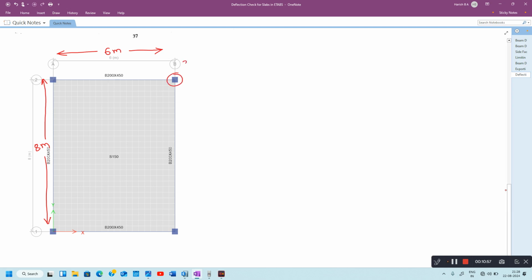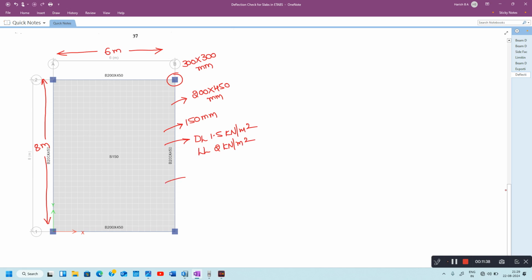Columns are 300 by 300 millimeter. Beams are 200 by 450 millimeter. Thickness of the slab is 155 millimeter. Loading: dead load 1.5 kilonewton per meter square, live load 2 kilonewton per meter square.